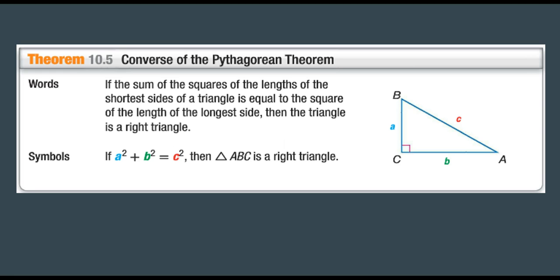Next, we have the converse of the Pythagorean theorem. So what this is saying is if you have A squared plus B squared is equal to C squared, we already know that's a right triangle. We're just going in the reverse of what we were saying before. Before we were saying if we knew that we have a right triangle, then and only then we can use A squared plus B squared is equal to C squared.